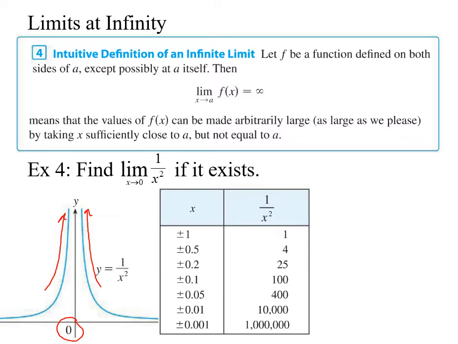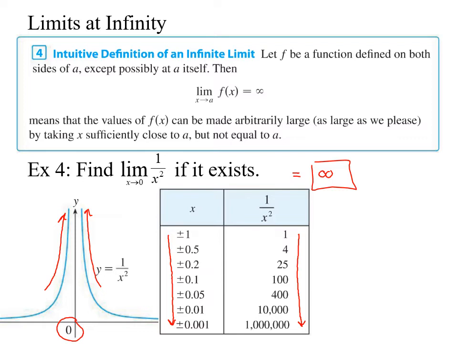You can also see from the chart right here, if I were to start, let's say, at 1 and negative 1, the closer and closer I get to 0, so let's say plus or minus 0.001, notice that each of these numbers is getting larger a lot faster. That's fine. If this happens, this means that your limit is equal to infinity.